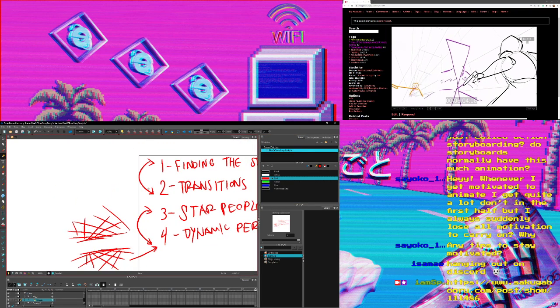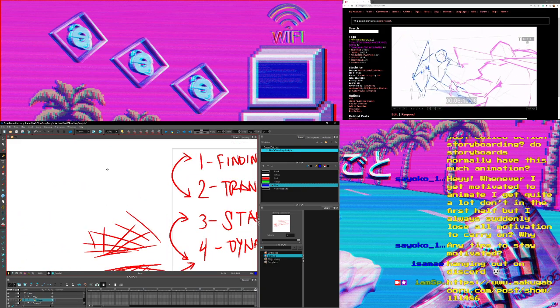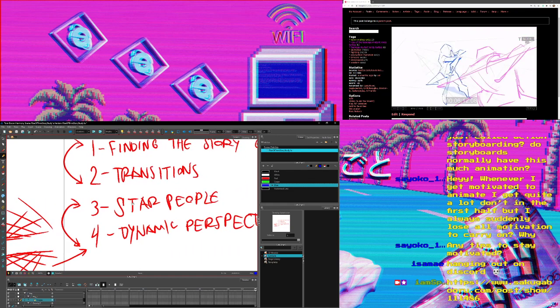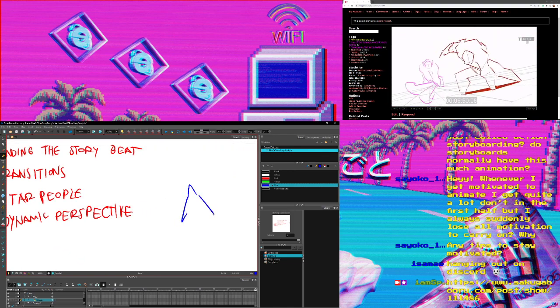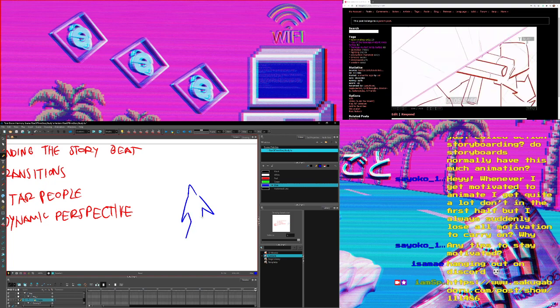The other thing that I want people to pay attention to in this is the principle of using what they often refer to in storyboards as star people. Star people in action boards are where you draw characters in poses, kind of like this.